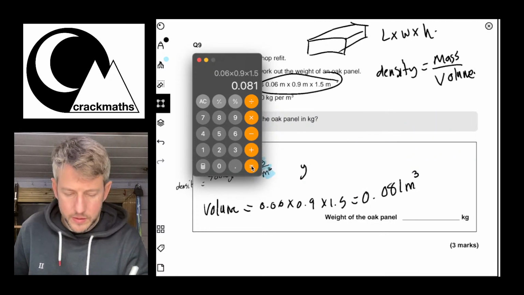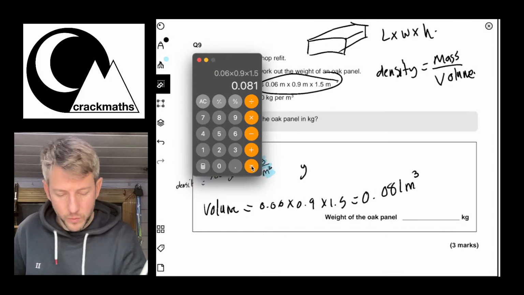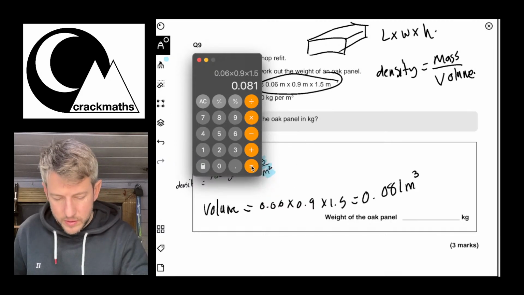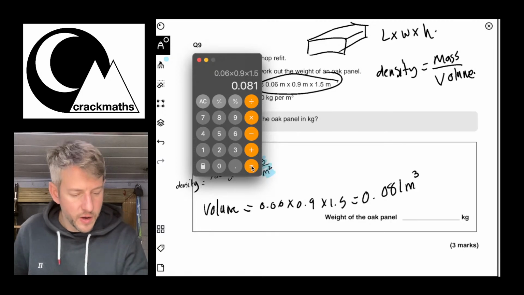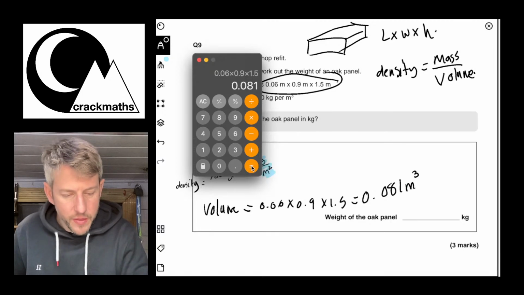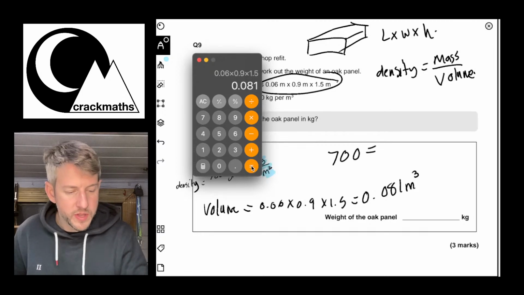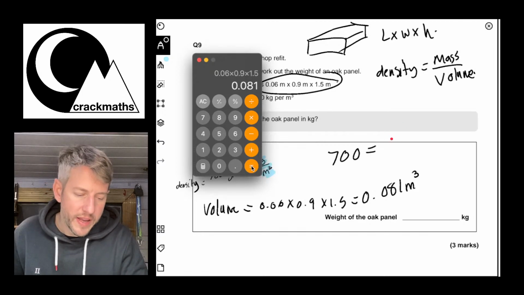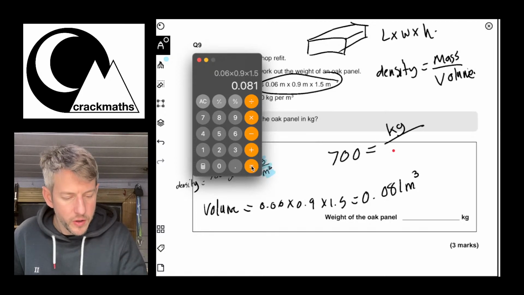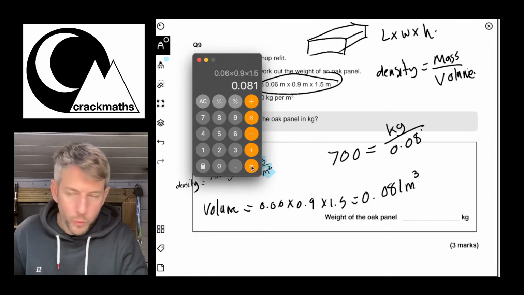Oh, so density. I didn't take the Y with it. So density is this. So we've now got the density. We know that density is 700. So 700 equals the mass, which is the weight, so it equals the kg, divided by the volume, which is 0.081.